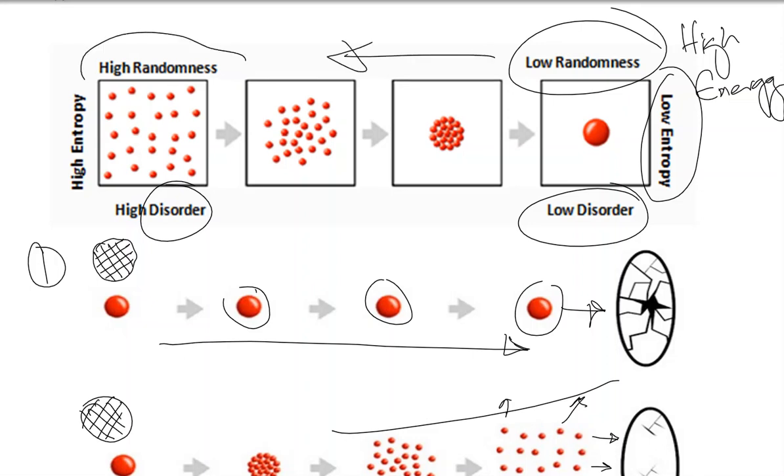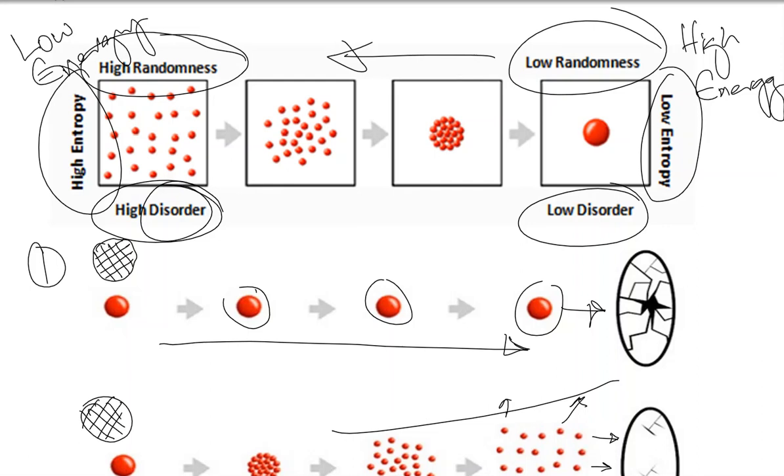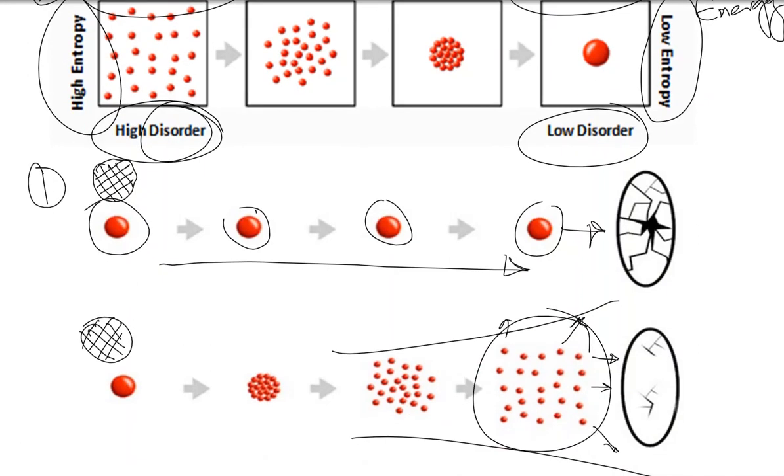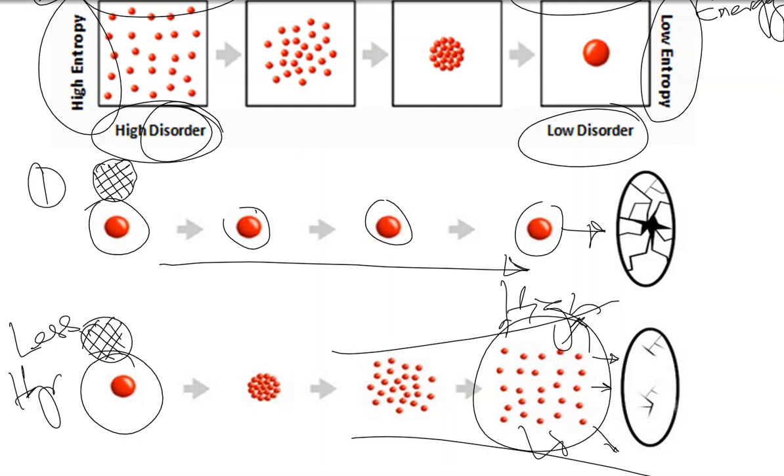Now we have high randomness, high disorderedness, and high entropy, but low energy. So we are going from a highly ordered form of energy toward a less ordered form of energy, or from low entropy towards high entropy, or from high energy towards low energy.